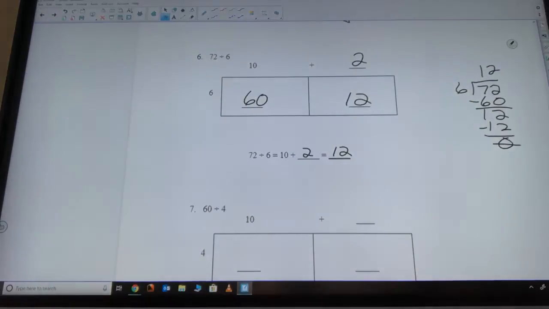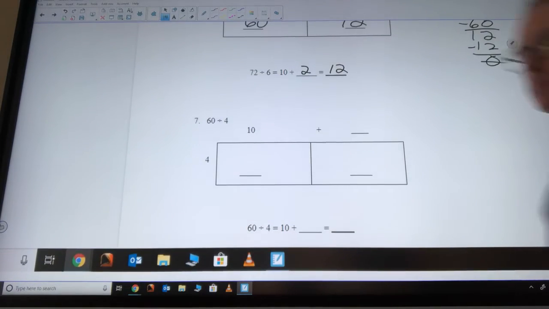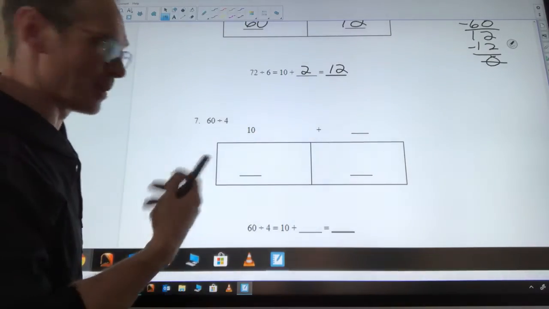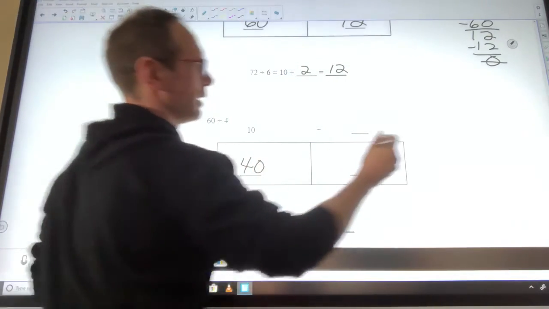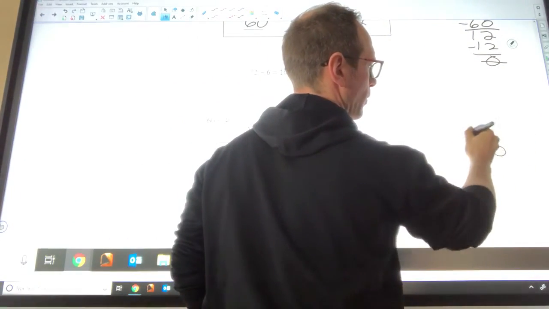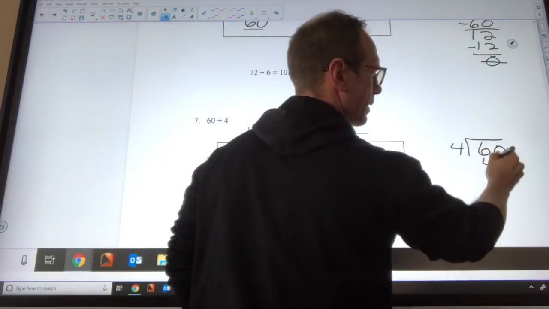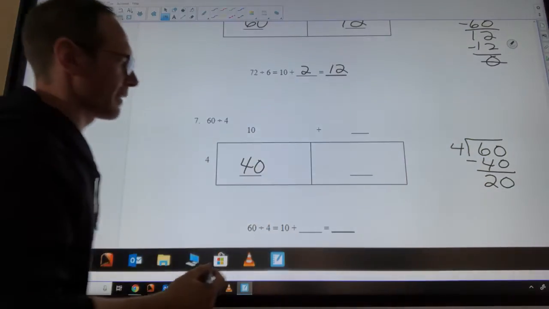60 divided by 4. I know that it's going to be more than 10 because 10 times 4 is 40. So if I look at 60 divided by 4, if I take that first 40 away, that's going to leave me with 20 left over.